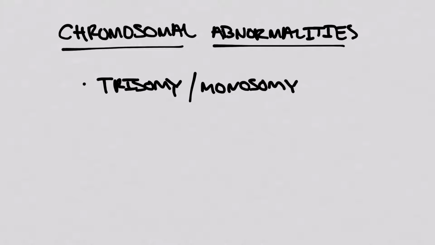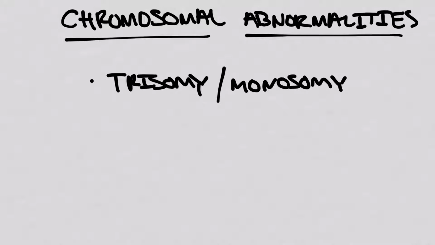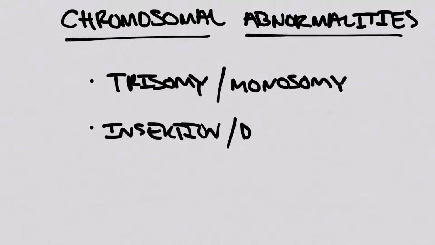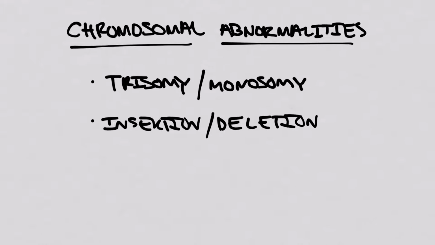Okay, so this is one type of chromosomal abnormality. Another type is an insertion or deletion of a portion of a chromosome. This is different from a point mutation insertion or deletion.